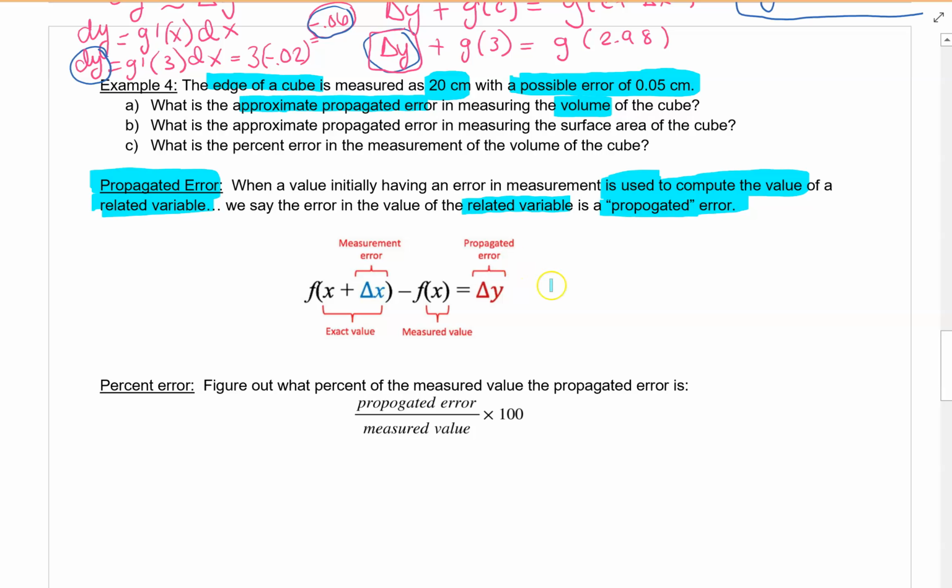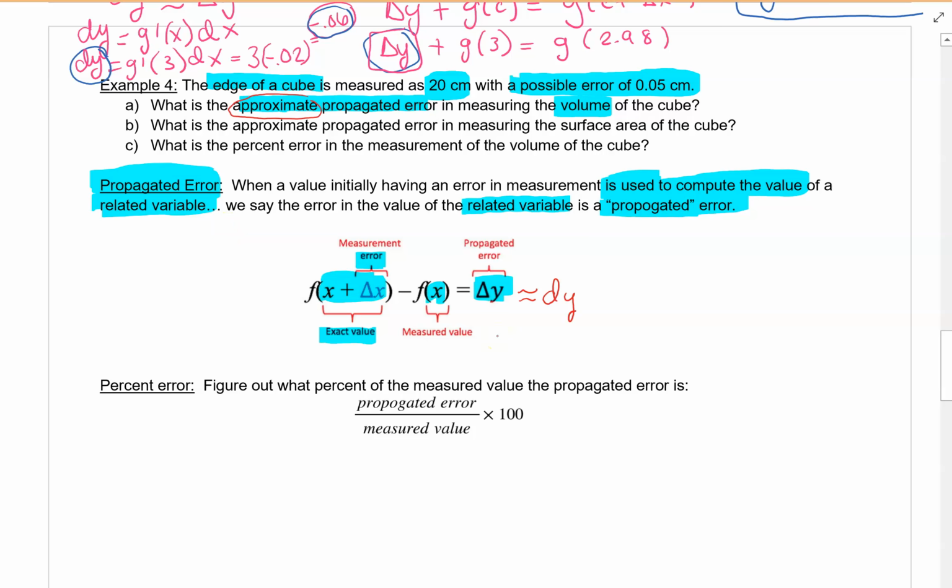It's the same idea here, except instead of thinking of these as changes in time, we're thinking of all these measurements as having a little bit of error. So there's a little bit of change between the measurement we got and the true value, and the change of one variable affects the change of another one, and we call that propagated error.